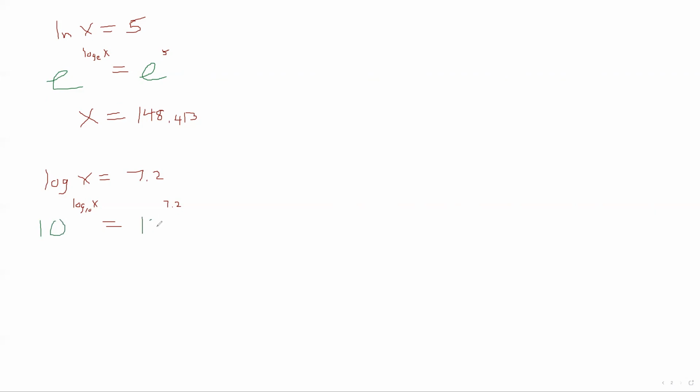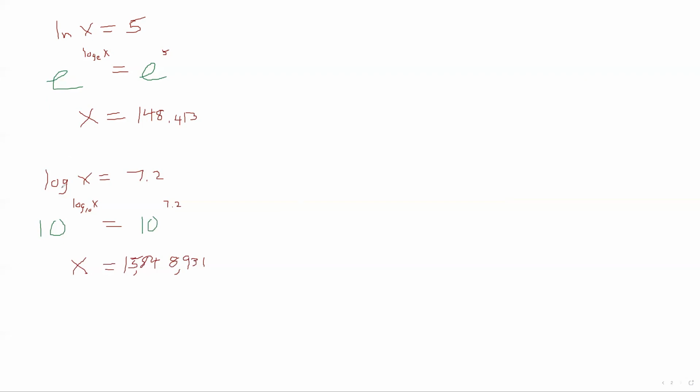And so 10 to the log base 10 of x equals 10 to the 7.2, and these cancel. We get x equals whatever that is. 10 to the 7.2 is, according to my calculator, 1584891, so about 15 million-ish. I guess closer to 16 million.